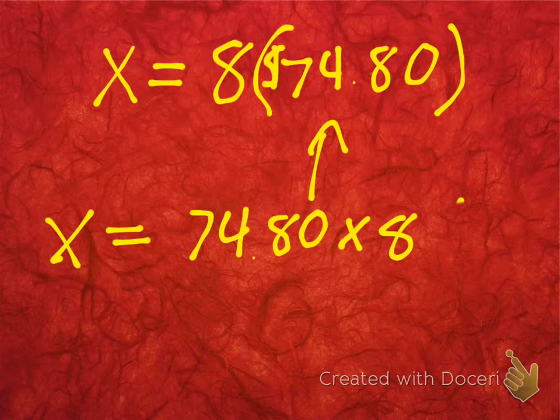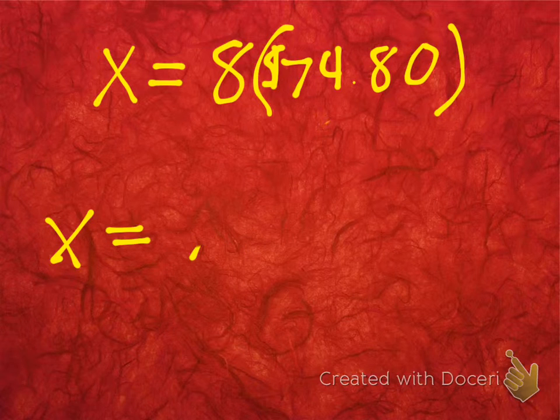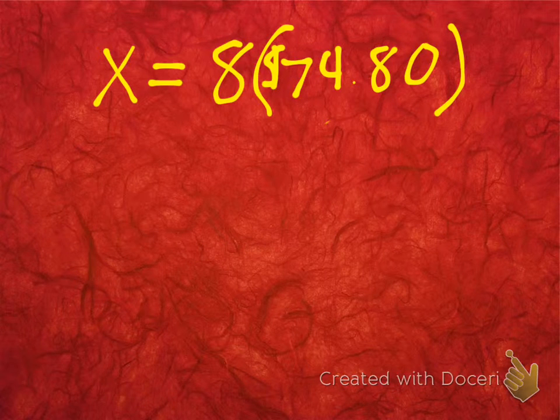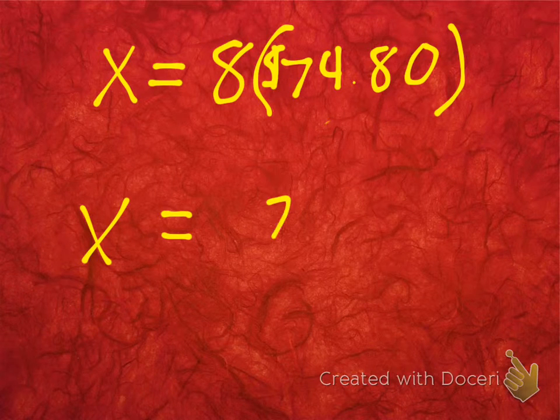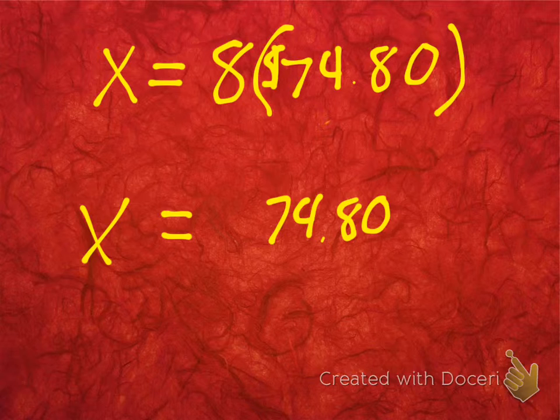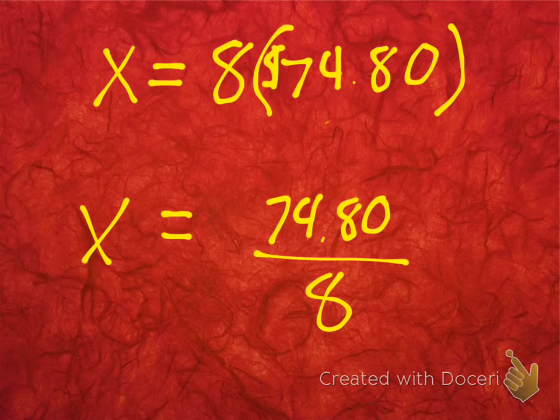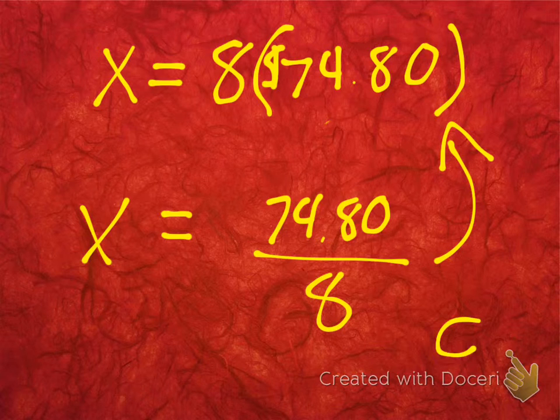So, C is most likely our answer. Alright, Charlene got a paycheck for $74.80 for working 8 hours. How much was she paid per hour? So how do I figure it out? Divided by 8. Does not match, so C is our answer.